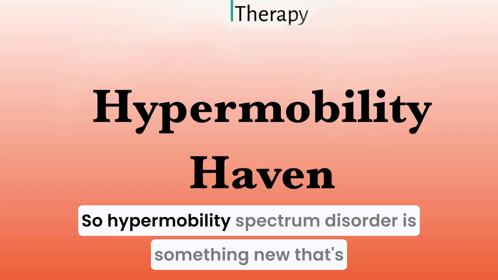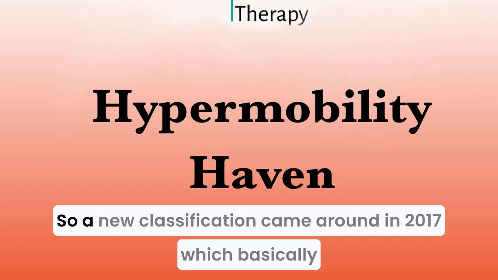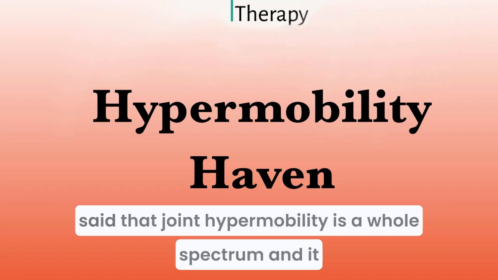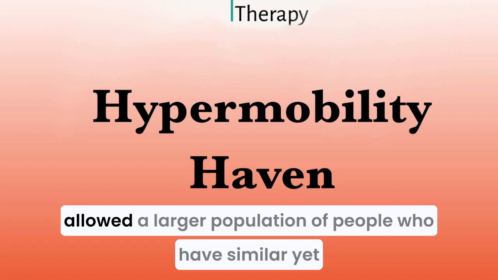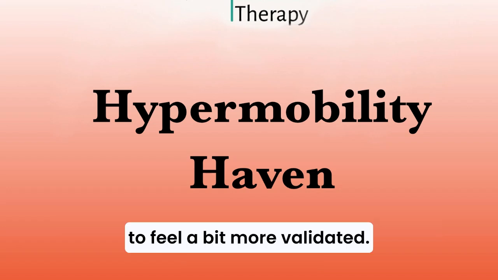So hypermobility spectrum disorder is something new that's only really been around the last few years. A new classification came around in 2017, which basically said that joint hypermobility is a whole spectrum, and it allowed a larger population of people who have similar yet different symptoms all to fit into a condition, allowing them to feel a bit more validated.